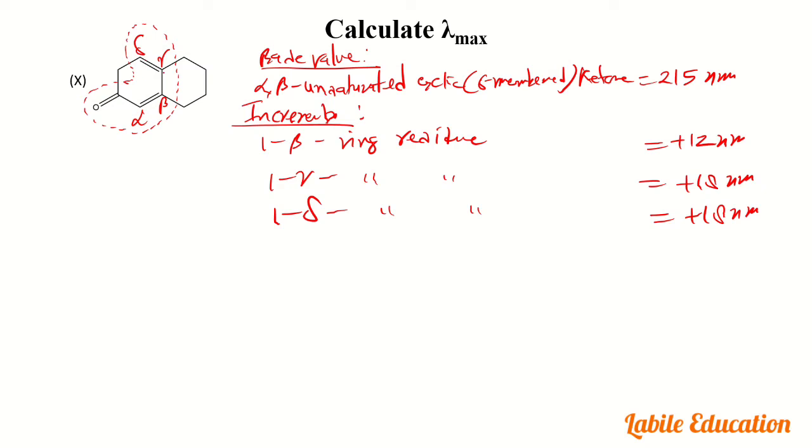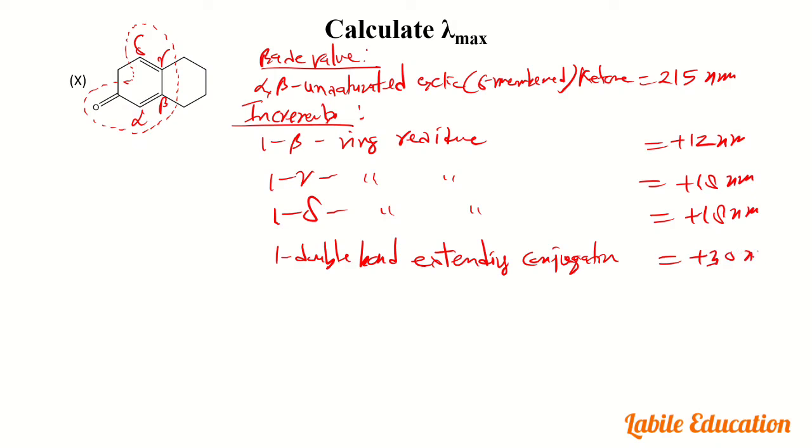Now is there anything? Yes, one double bond extending conjugation. So this will contribute 30 nanometer. And now the second double bond is a carbon-carbon double bond. The second carbon-carbon double bond is homoannular to the first double bond.